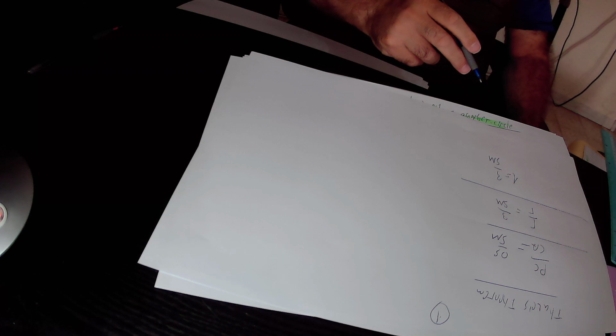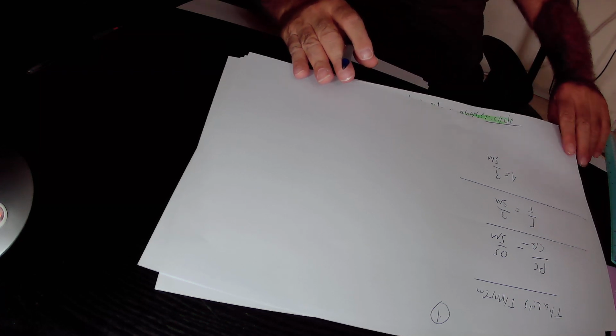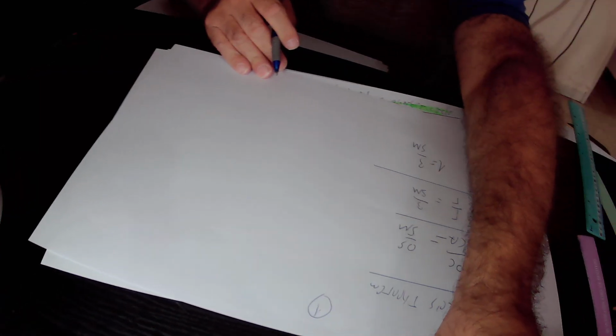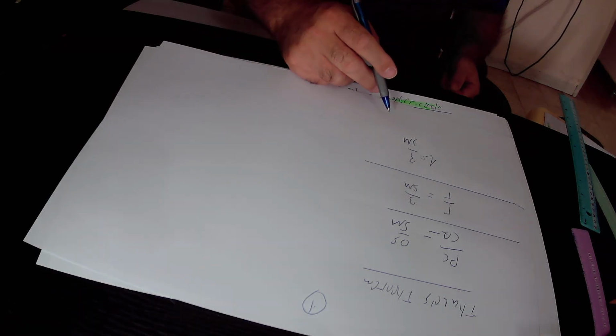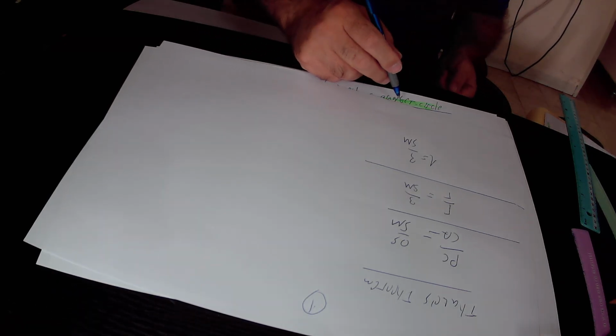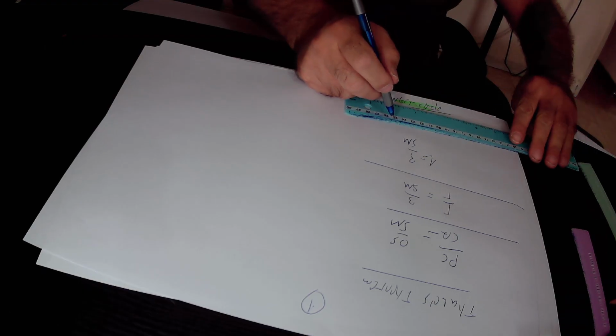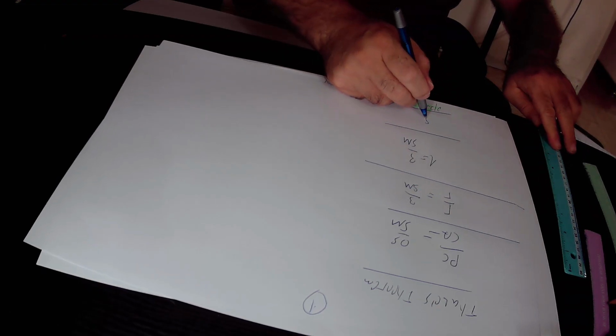Here we multiply this equation by SM, and we get that SM equals 3 units in its length.